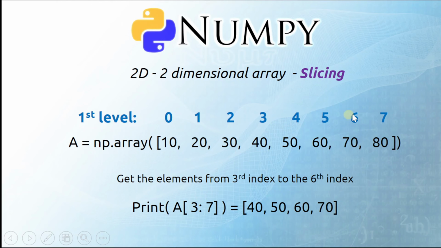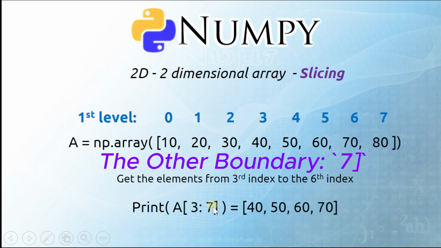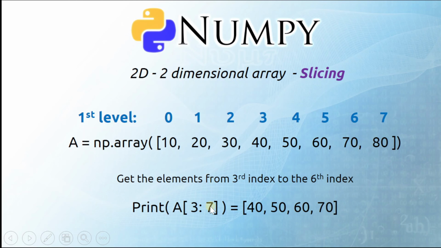However, if I need to get all the values to the sixth index, the other edge, the other part of the interval, should be 7, because always the last part would not be included, which makes sense, by the way, because if I needed all the values from 3 up to the end, I wouldn't use this formatting. I would rather use 3 and colon without anything afterwards.